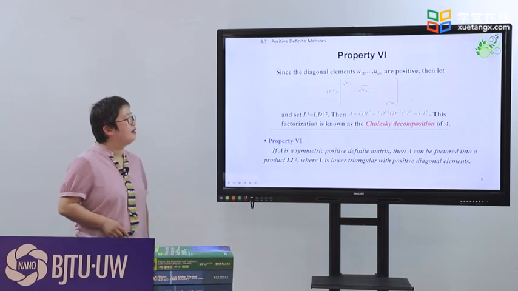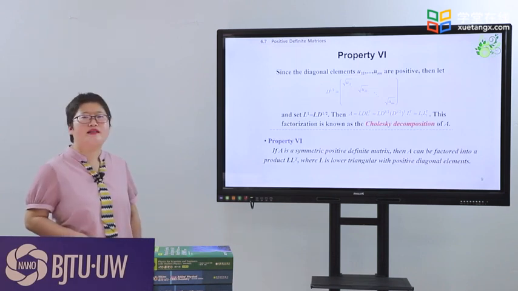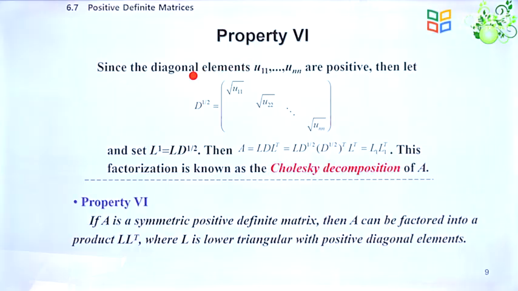Okay. Now we see property 6. Since the diagonal elements U11 till UNN are positive, we can let the matrix D^(1/2) be defined like this, where for each diagonal entry we take a square root: square root of U11, square root of U22, till square root of UNN. Then we set L1 equals L D^(1/2).